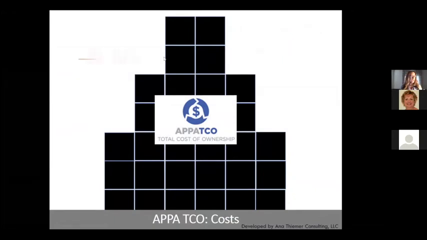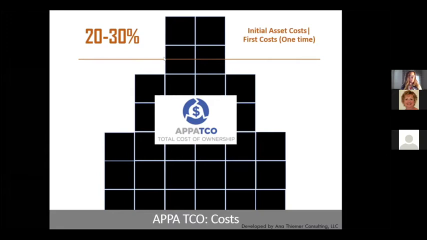Let's say that we have a building. Any building, initial asset costs, first time costs typically run between 20 and 30% of the total cost of ownership. That's about in general. Could be much lower, could be much higher, but in general, that's about what it is.